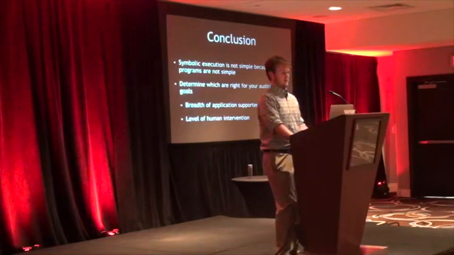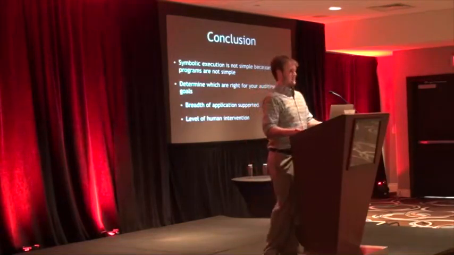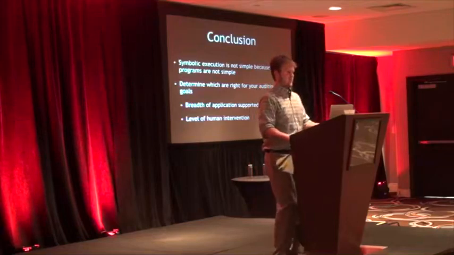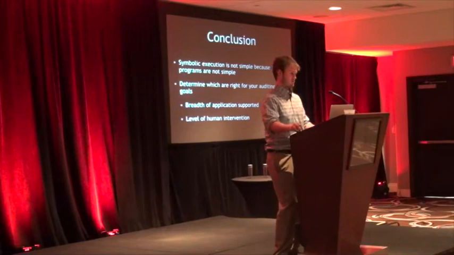So in conclusion, symbolic execution is not exactly a simple technique. I actually have literally, let's see, about 44 more slides that I could go through on this topic, and they're all techniques that will dramatically speed up any attempt that you make to use symbolic fuzzing on a program.